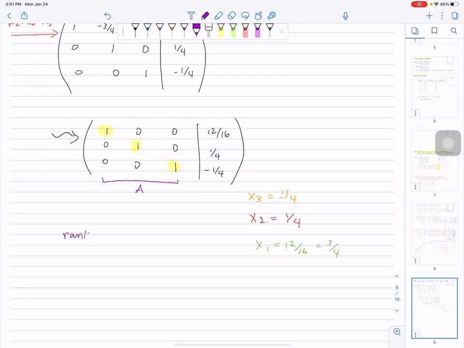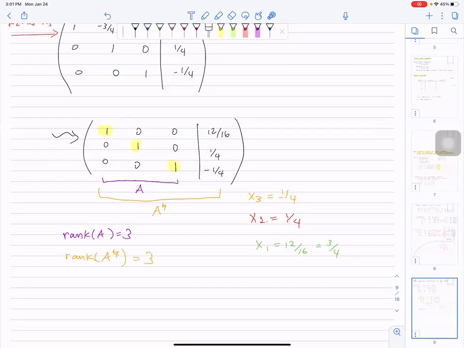So rank of A equals 3. Now the augmented matrix, I'm going to call A augmented. What is the rank of A augmented? You still only have 3 leading ones. There's no leading one here. So it's still 3.